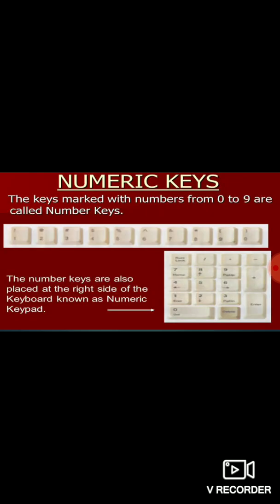And the second keys are numeric keys. The keys marked with the numbers from 0 to 9 are called number keys. The number keys are also placed at the right side of the keyboard, known as numeric keypad.